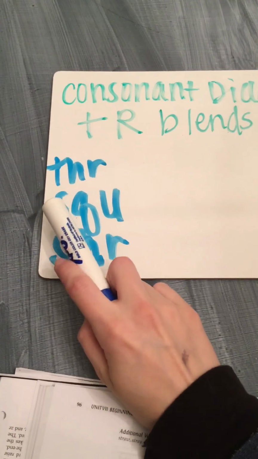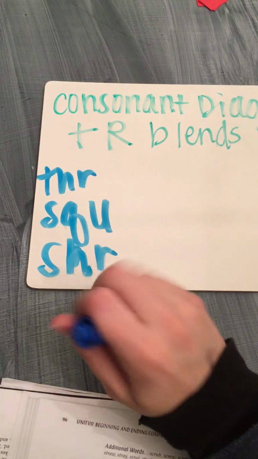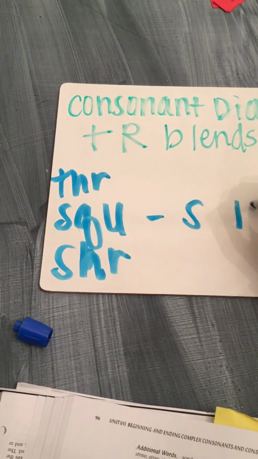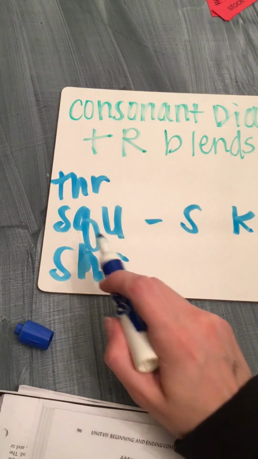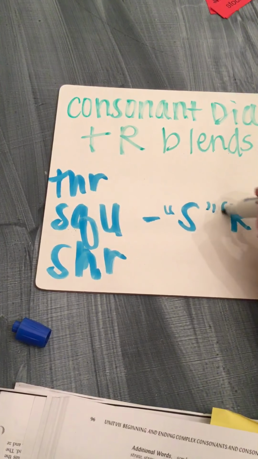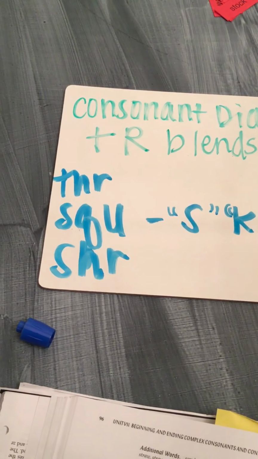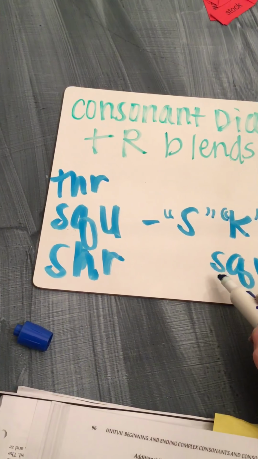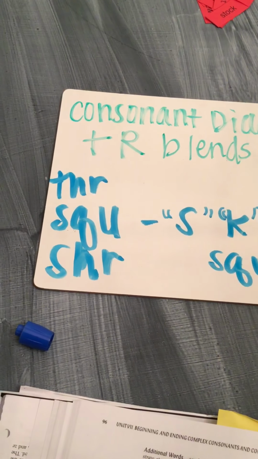Now SQ is not a digraph like TH and SH. SQU makes a S, K, and a W sound. So even though those aren't the letters, those are the sounds we're hearing. Sk, w. Like in square, for example, you hear sk, w, air.